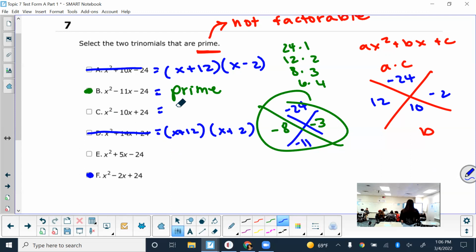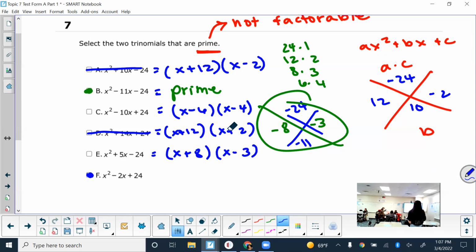Let's see if I remember correctly. This one was x minus 6 and x minus 4. Down here, let's see, this one was x plus 8 and x minus 3. So if it has an answer, it's not prime.